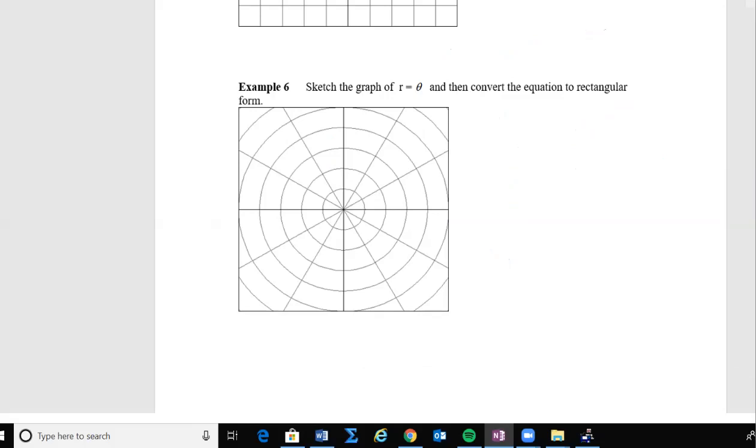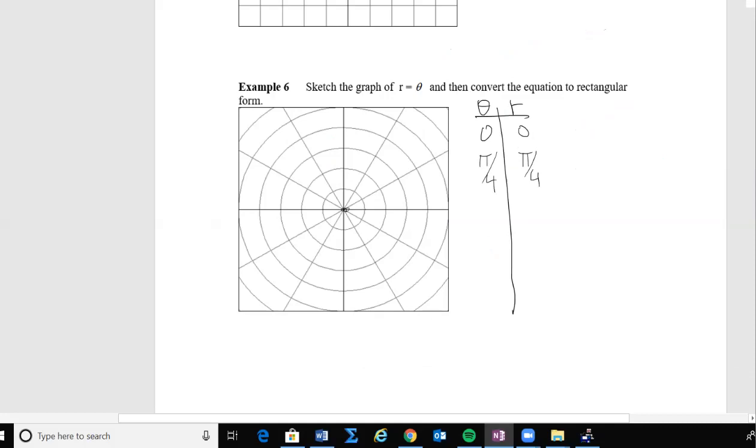Okay, first thing, sketch the graph. Here's theta, here's r. So if theta is 0, then r is 0. Right there. If theta is pi over 4, then r is pi over 4. Wow.